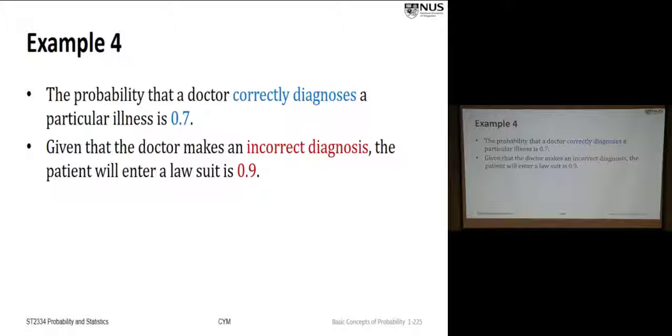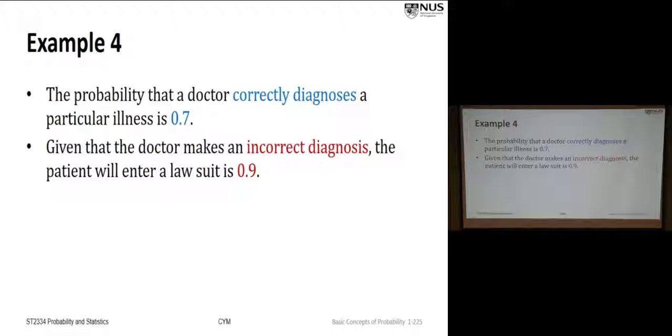All right? So you must understand what are the events we mentioned here. One event is that the doctor diagnoses correctly. The other one is entering a lawsuit. I mean, the patient will sue him.